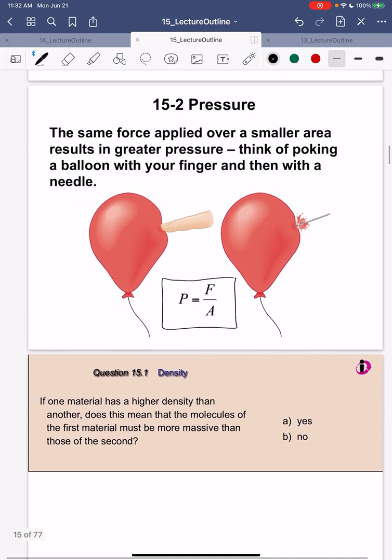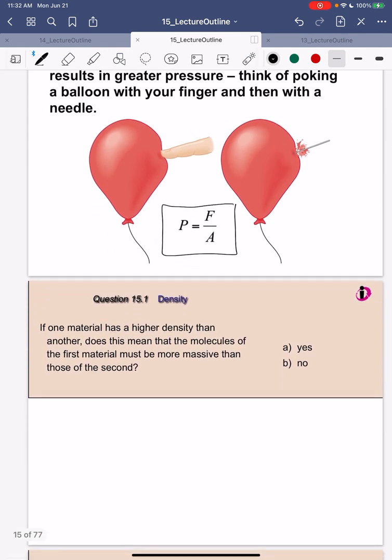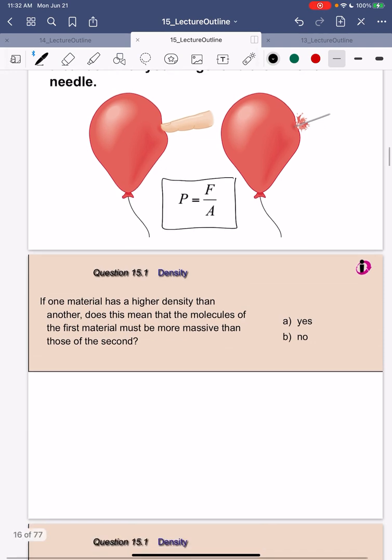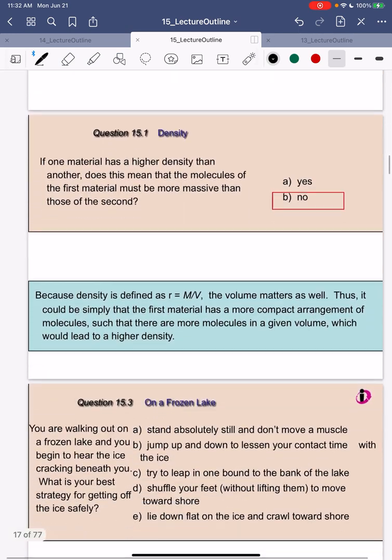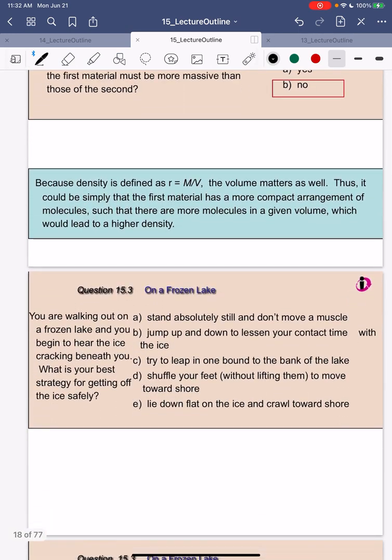Which one is easier? You are walking out on a frozen lake, and you begin to hear the ice cracking beneath your feet. What is your best strategy for getting off the ice safely?